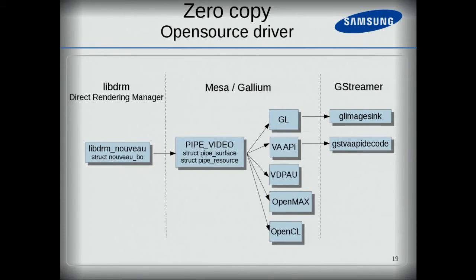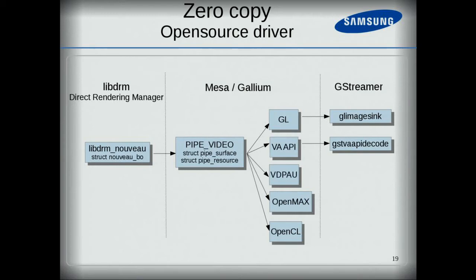Let's start with the left block. You have libdrm, which is not for protected content, it's for the direct rendering manager. This is an API that allows you to instantiate and create GPU buffers.